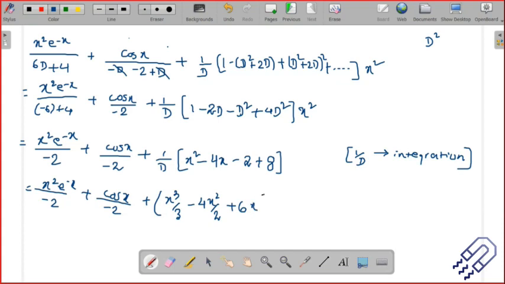So just cancel this out, simplify it, okay, and this is your particular integral.